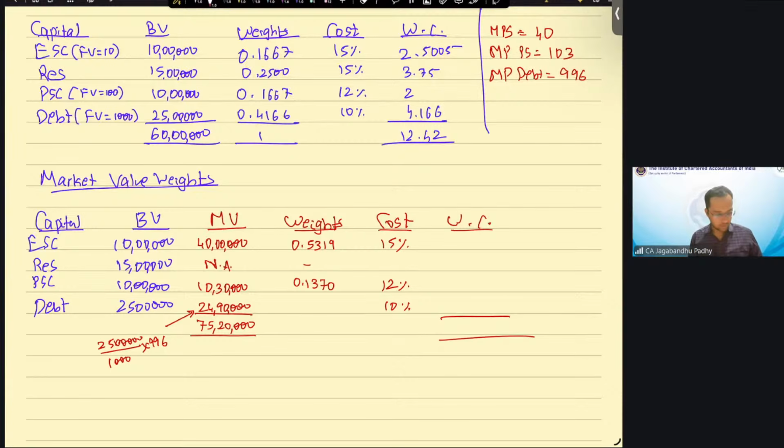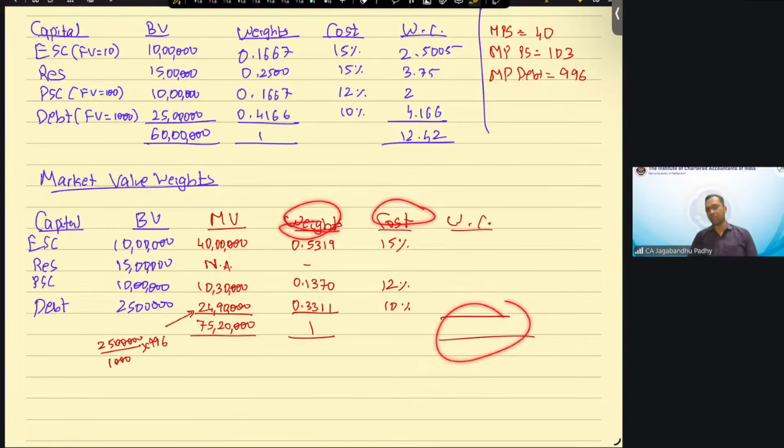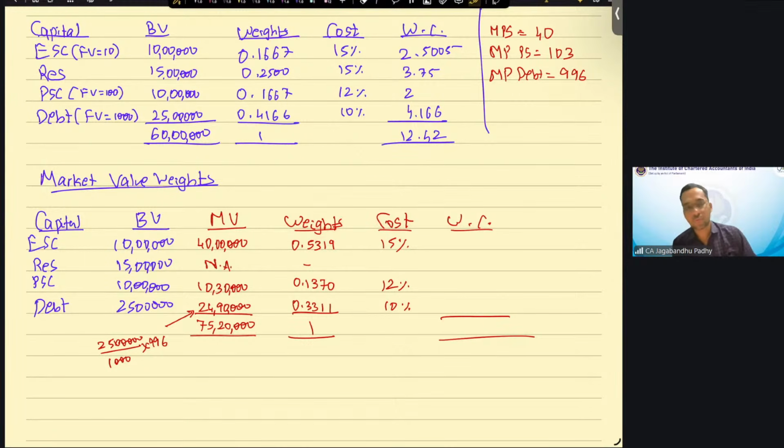Then you have 24 lakh 90,000 divided by 75 lakh 20,000, which is 0.3311. Total is of course 1. Now you have to multiply the weights by the cost and give me the weighted average cost. So this is the second method, or another way of calculating weighted average cost.